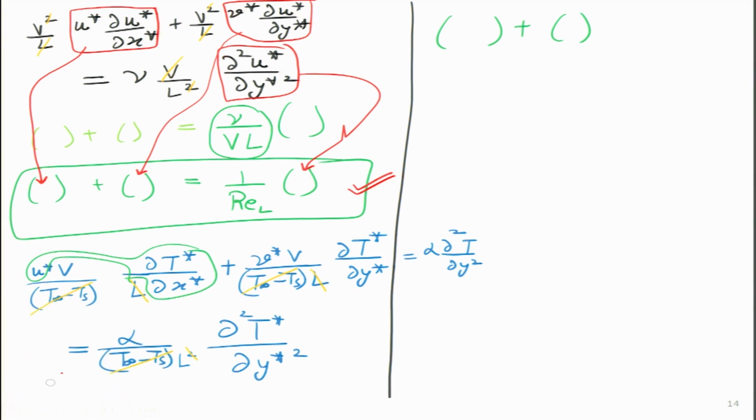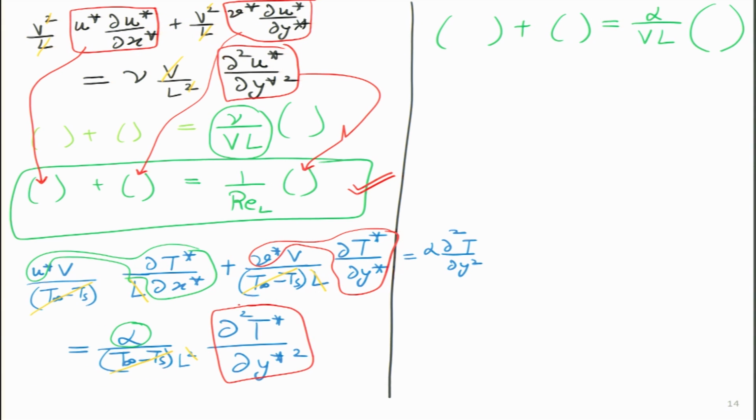This is my second bracket. And on the right hand side I will get alpha, because alpha is still remaining over here, alpha divided by V into L into this bracket, which is the last red bracket. These three brackets I will leave to the students to plug in. Now, what does this look like? Alpha divided by V L. What does alpha divided by V L look like?